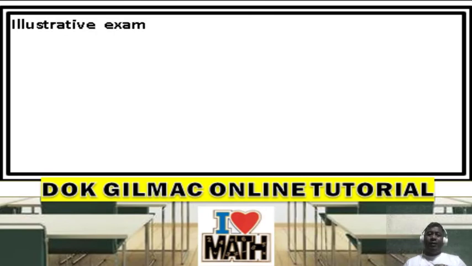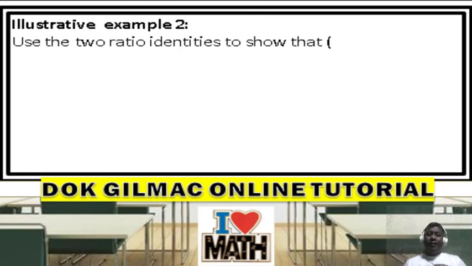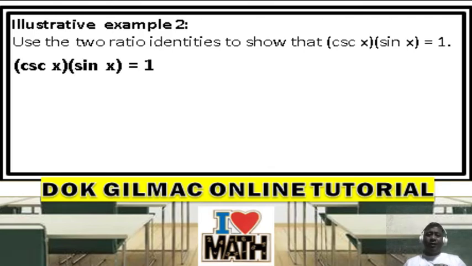Consider illustrative example number 2. Use the two ratio identities to show that cosecant x times sine x is equal to 1. Let's consider cosecant x times sine x equals 1. Take note, sine x is just equal to 1 over cosecant x.